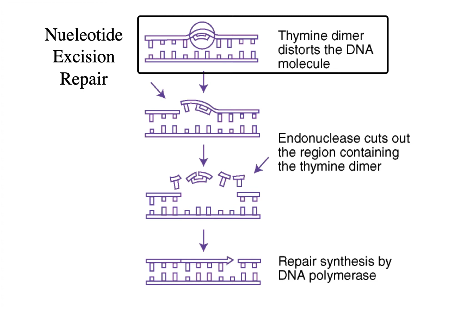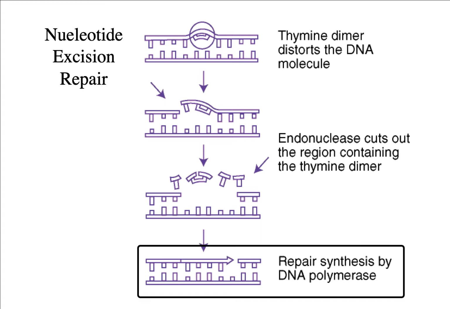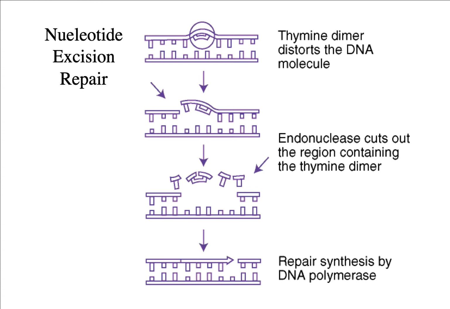In this case, several nucleotides are chopped out, including the thymidine dimer, or thymine dimer, and then DNA polymerase repairs that single-stranded region, and DNA ligase seals up the last two nucleotides together. Although mismatch repair and nucleotide excision repair seem similar on the surface, they require different proteins and different enzymes, so they're very different processes.